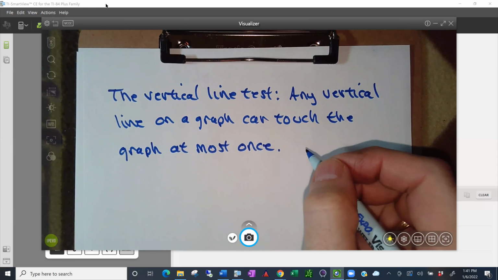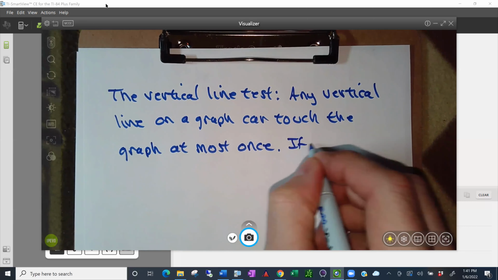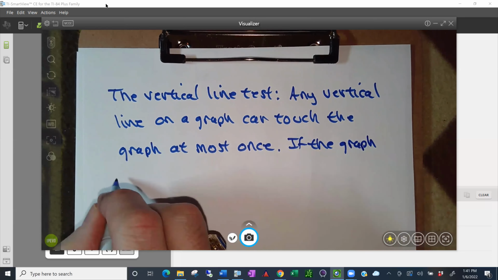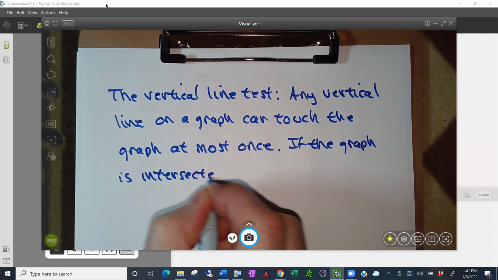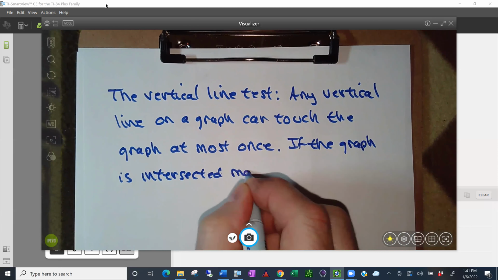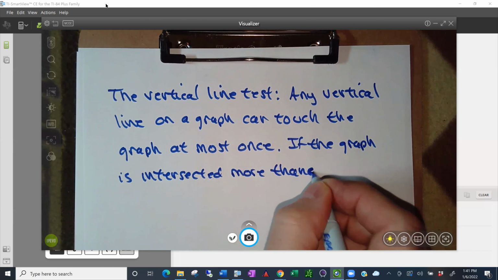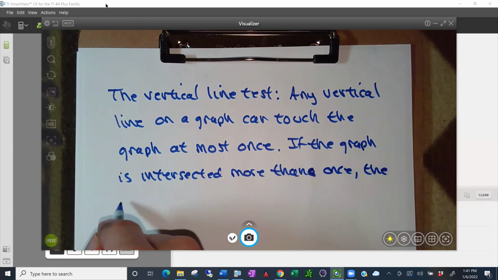If it touches more than once, it's not a function. If the graph is intersected more than once, the graph is not a function.